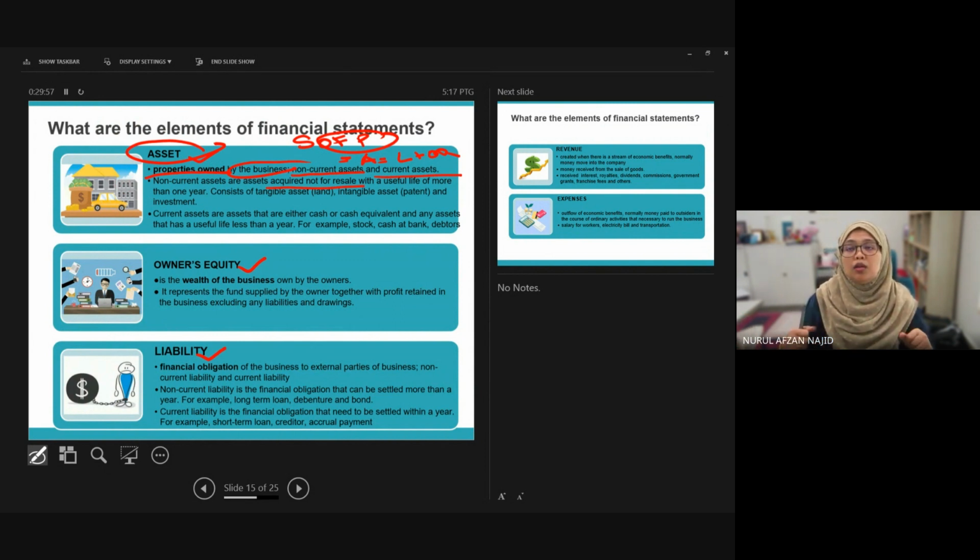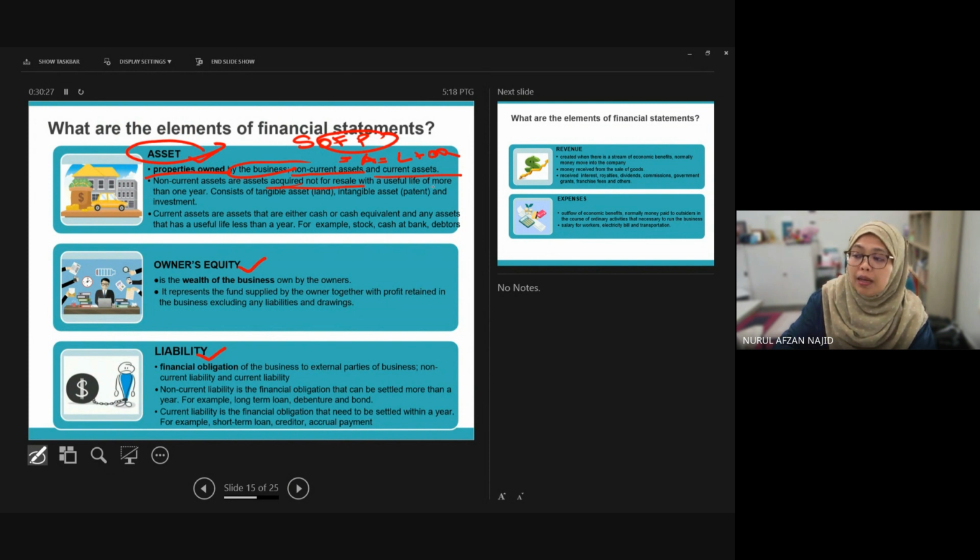Sama juga kalau you ada business, you beli kereta. Okay, kereta. You beli kereta dan kereta itu digunakan untuk running the business. Itu dipanggil sebagai non-current asset. Sebab tu dia kata non-current asset acquired not for resale. Bukan untuk dijual semula, tetapi untuk digunakan.